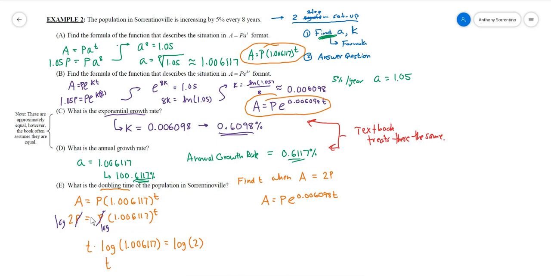And so t is going to equal the log of 2 over the log of 1.006117, and that's going to approximately be equal to 113.7 years.